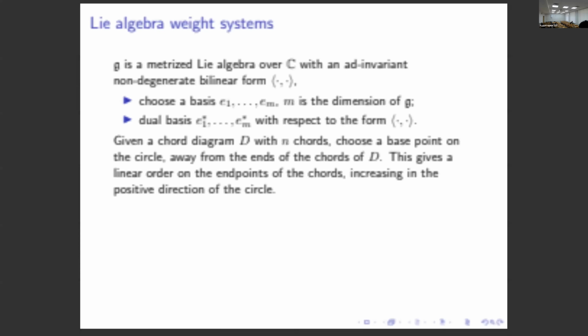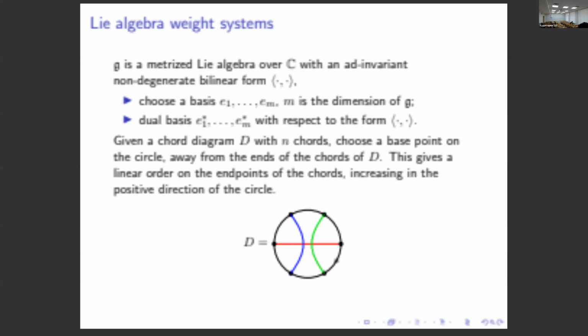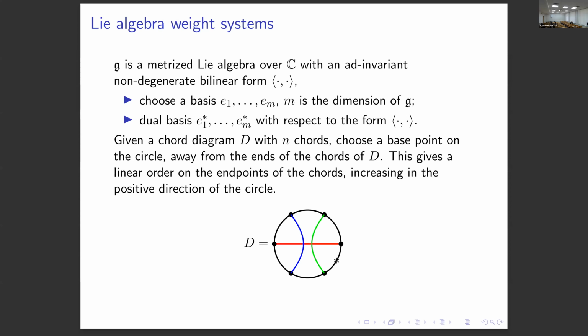The next step is to look at an arbitrary chord diagram D with n chords. You cut it at some point on the circle and walk anti-clockwise. For example, this is a chord diagram with 3 chords.